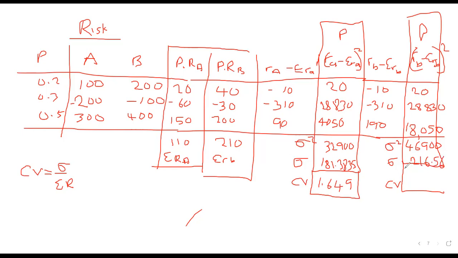Divide by expected return: 1.03. So which one has more risk? Asset B. The higher the CV, the higher the risk. So this one has a higher risk.